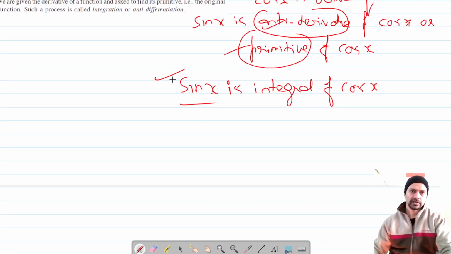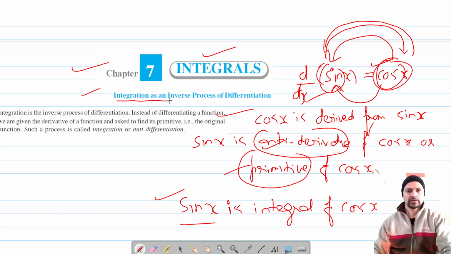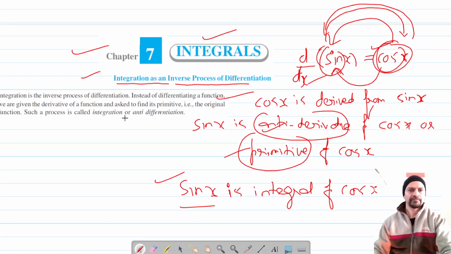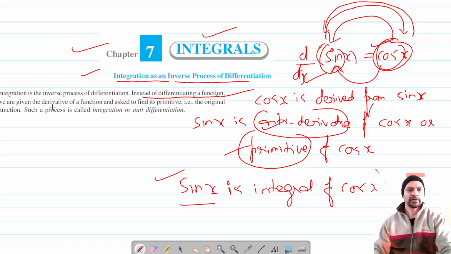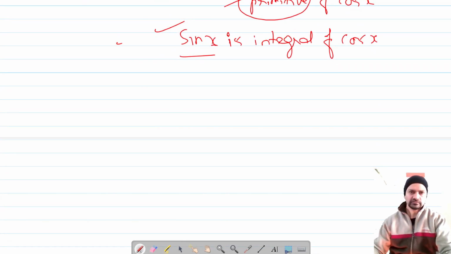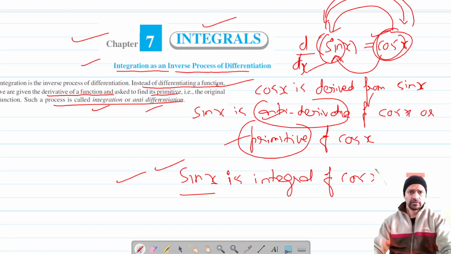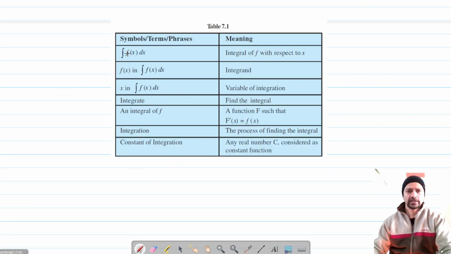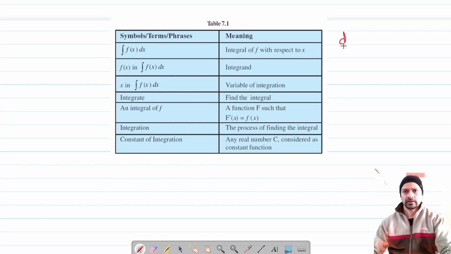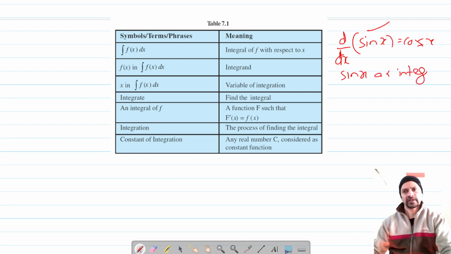And how do we denote this? Integration is the inverse process of differentiation. Instead of differentiating a function, we are given the derivative of a function and asked to find its primitive, and this process is called integration or anti-differentiation. To denote this, we use this symbol. As I told you, the differentiation of sin x is cos x, and we call sin x the integral of cos x.